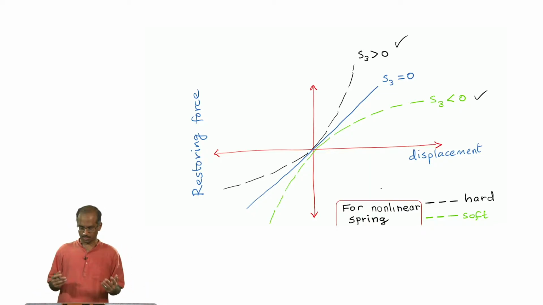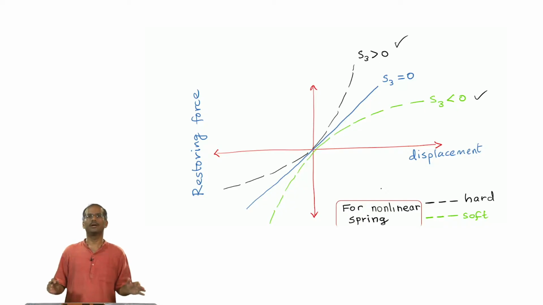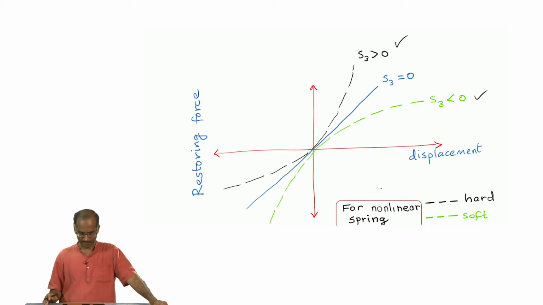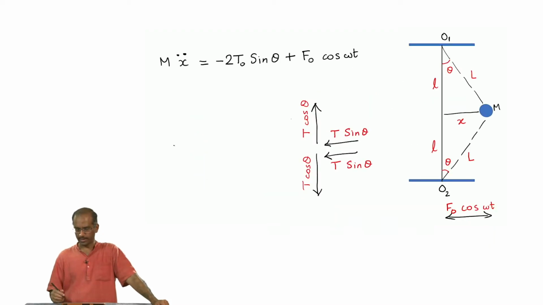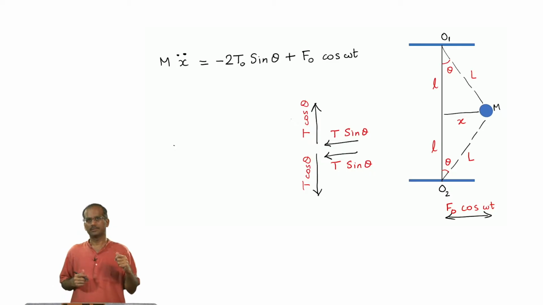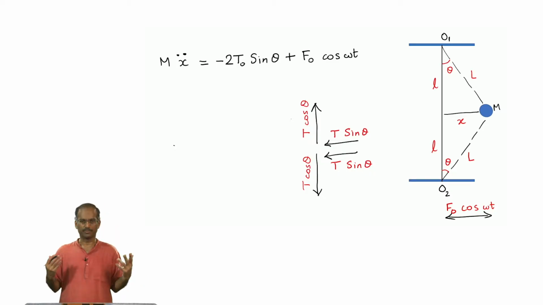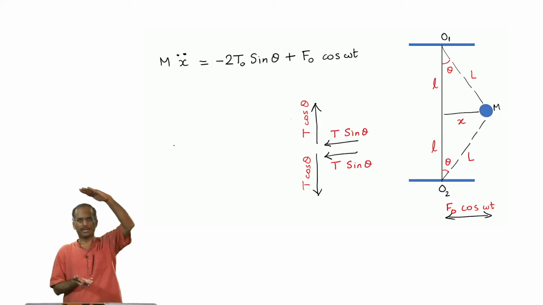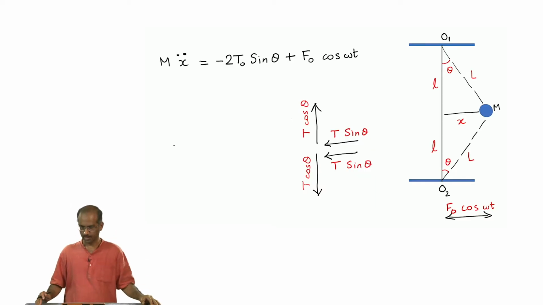You might want to call the case of S3 greater than 0 hard spring like, and S3 less than 0 the soft spring like case. Again, this is something that we had seen, and in particular we looked at the problem of a bead strung through two wires between two rigid supports.